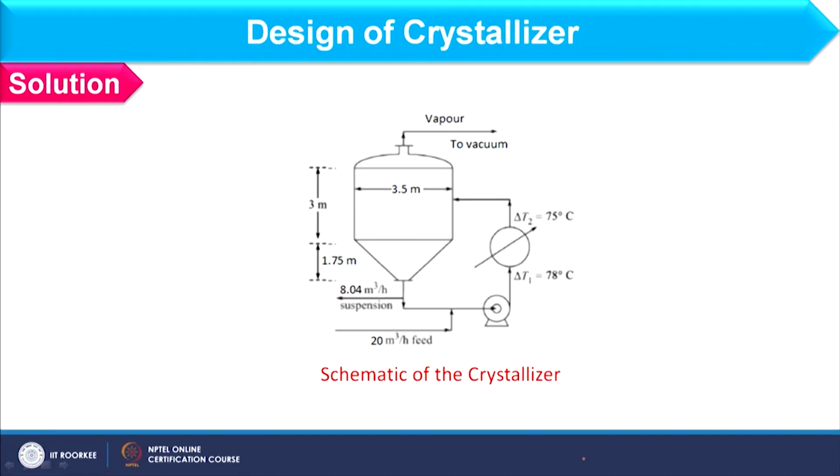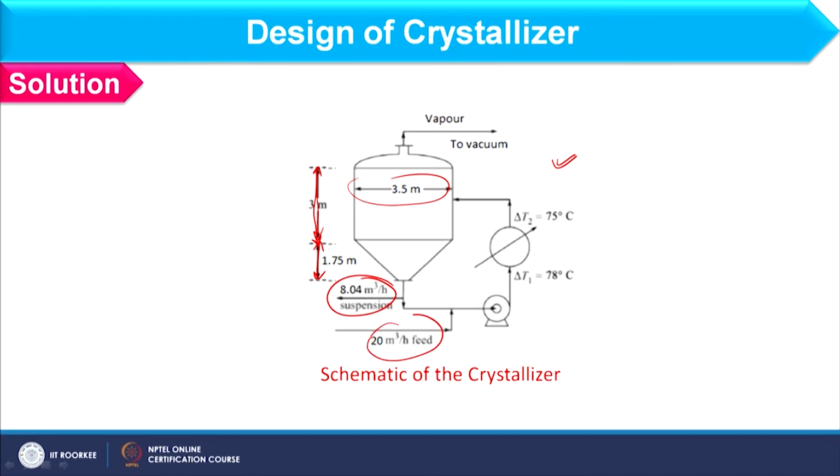So, considering all these values, we can design the crystallizer, and that will be like here. This is the schematic of the crystallizer where 3.5 is the diameter, 3 meter is the height of the cylindrical section, and 1.75 meter is the height of the tapered section. Total slurry which is coming out of the system is given as this.